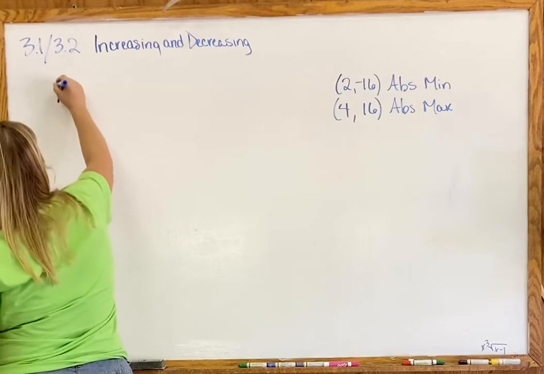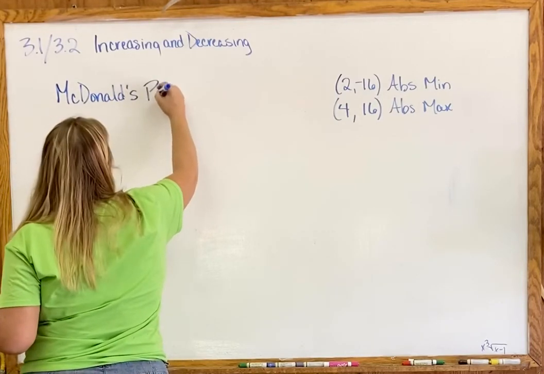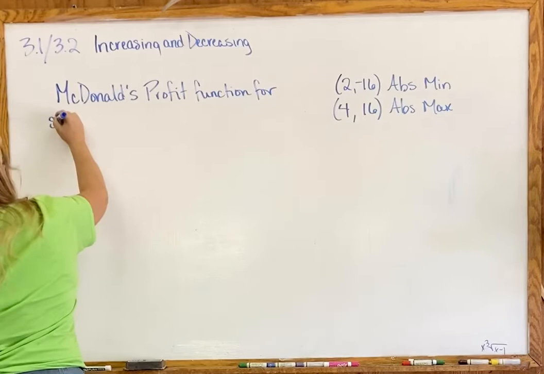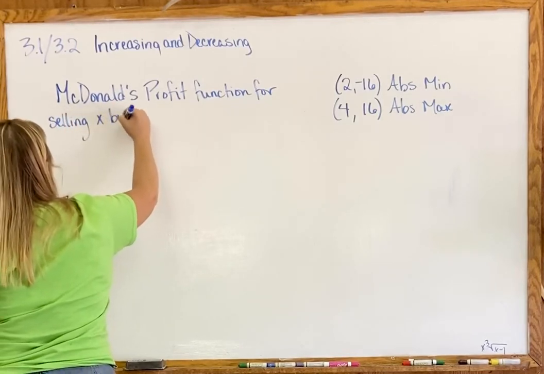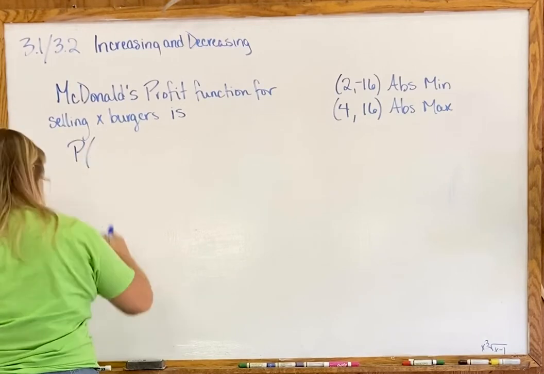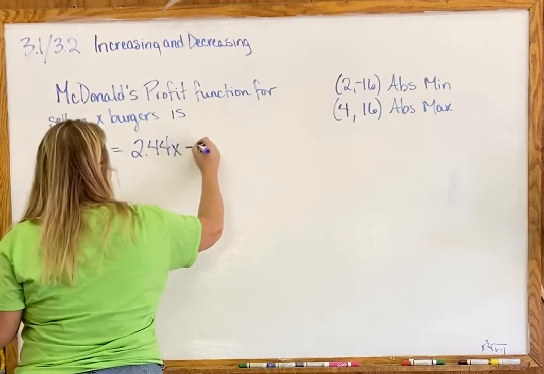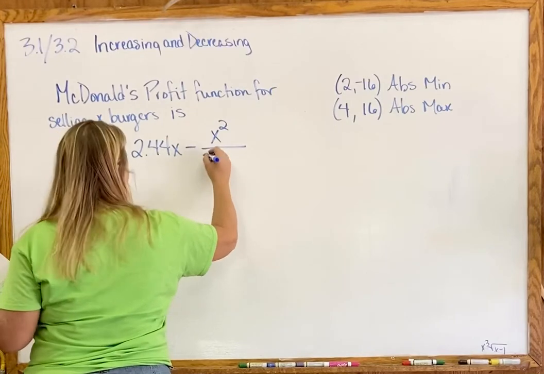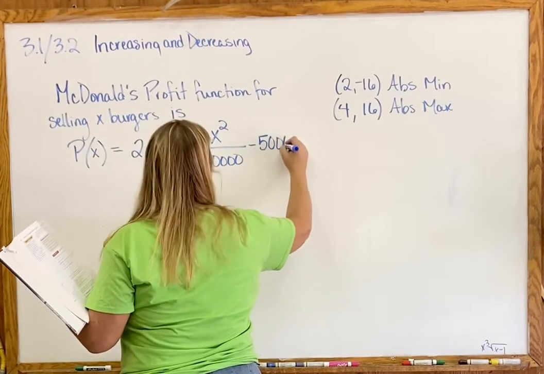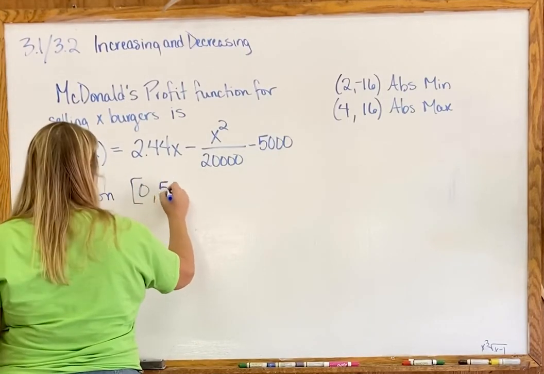So, McDonald's profit function for selling x burgers is P(x) = 2.44x - x^2/20,000 - 5,000 on [0, 50,000].